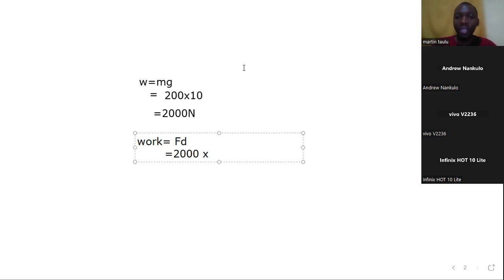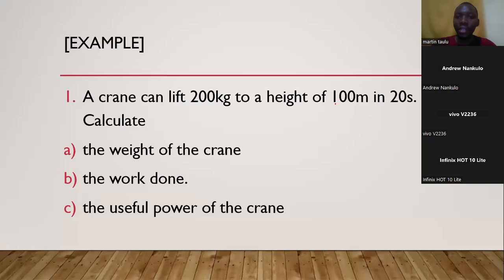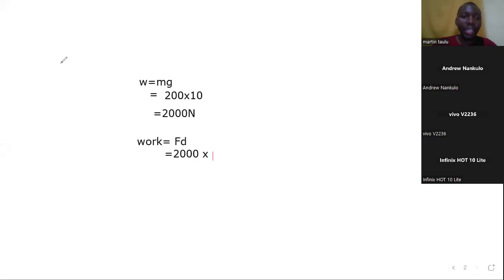According to our question, what's the distance or the height here? It is 100 meters. So which means we are just multiplying 2,000 times 100. What does it give us?